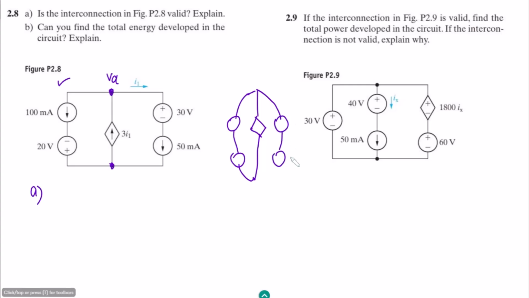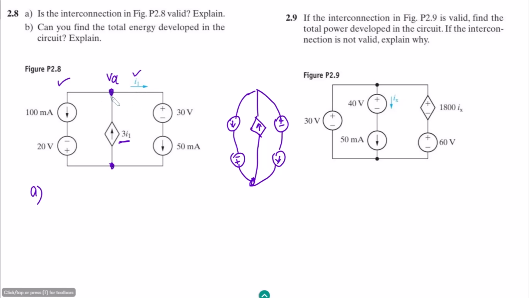Okay, so this is the current source, the voltage source, the current source here as well, and the voltage source, and this is the current source, and this one is dependent upon this I1, and therefore this one is the current dependent current source. Okay, so this is the dependent current source which depends upon this current.